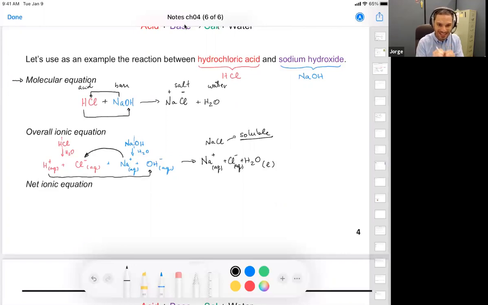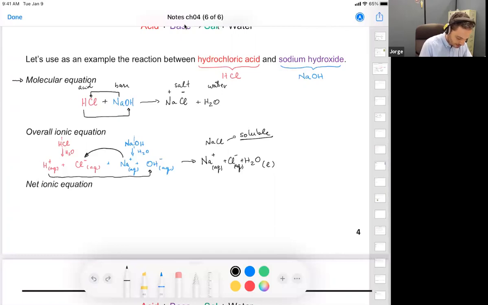It has to be exactly the same thing. So let's take a look. Sodium plus shows up in the reagent side and is exactly the same thing as Na plus in the product side. So for the net ionic equation, we are not going to show sodium plus. So that will be canceled. The same thing with Cl minus and Cl minus.